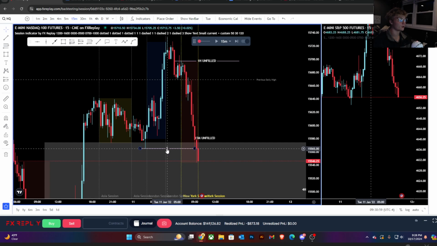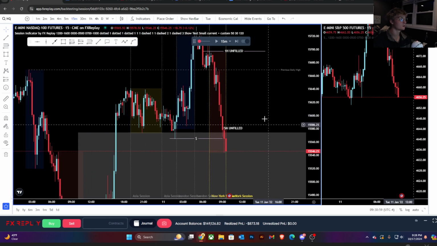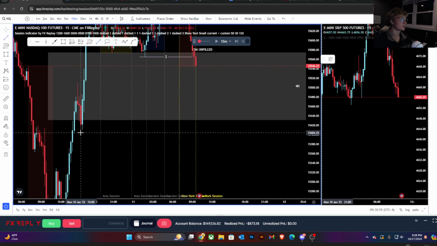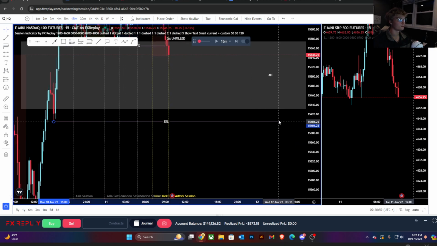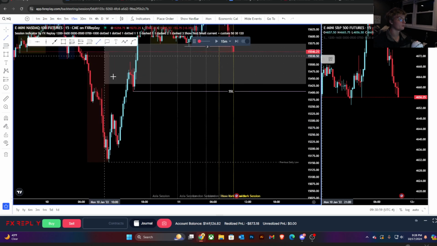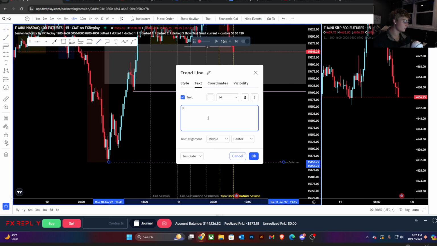Looks like we are closing below London low, so could be leaning more bearish here towards this low here. Sell side liquidity. And then we have PDL right there, which is previous day's low.